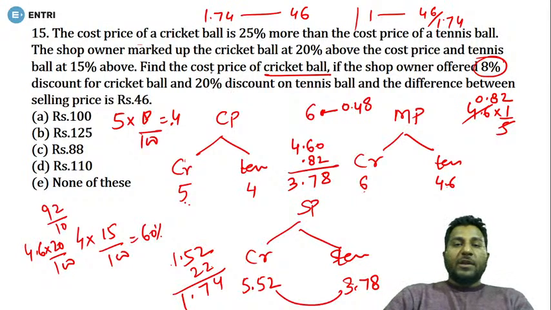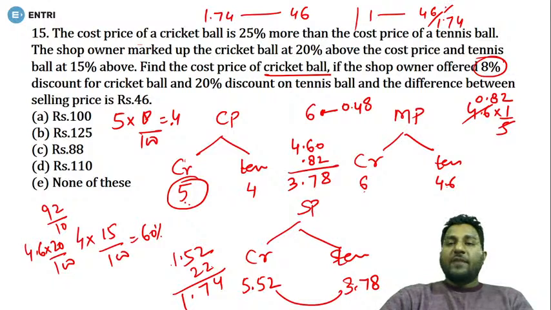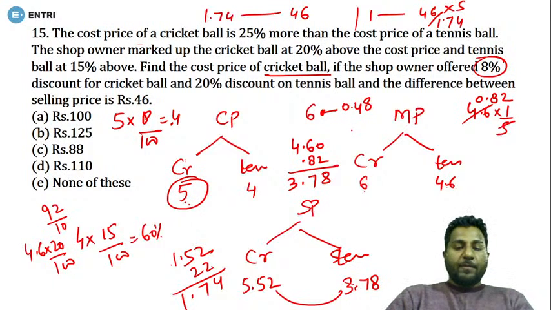That means we need to find the cost price of the cricket ball. The cost price of the cricket ball is 5. So we can easily figure it out. That must be a mistake. Today is the mistake day.